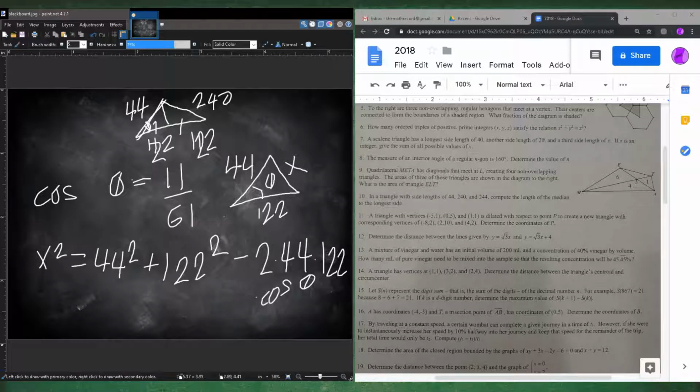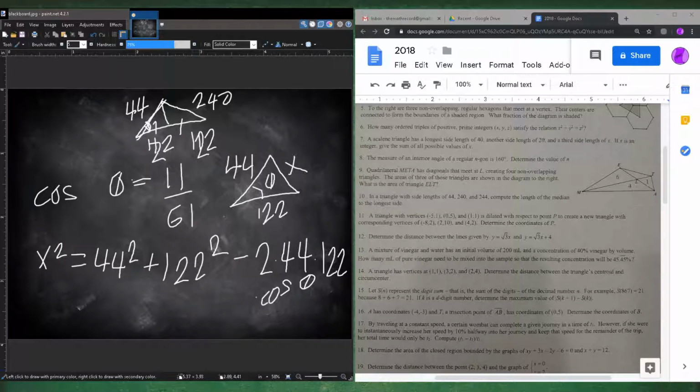So plugging this all into your calculator: 44 squared plus 122 squared, minus 2 times 44 times 122 times 11 over 61.